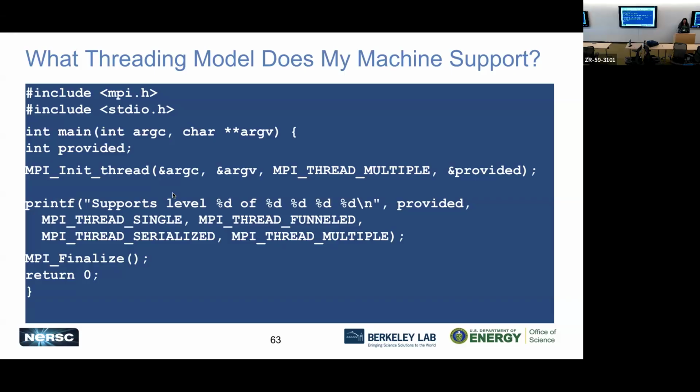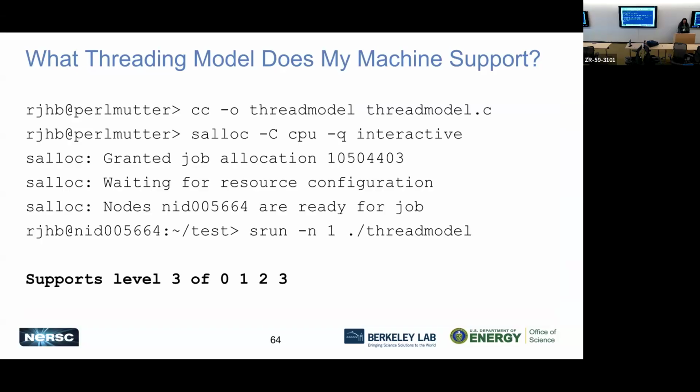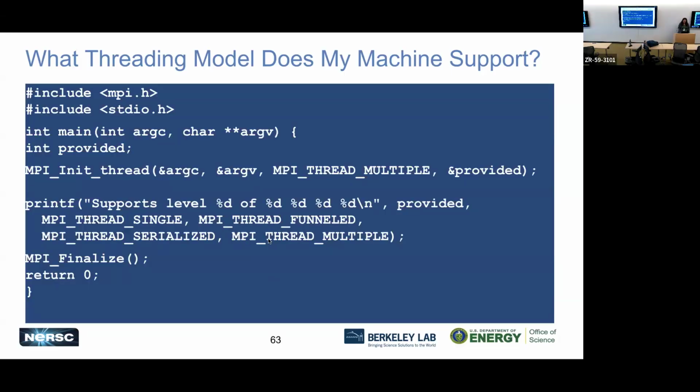I'll explain this in a minute. I did this on Perlmutter, from my code in an interactive job. I ran it, and it supports level 3 of 0, 1, 2, 3. So that means that Perlmutter supports MPI_THREAD_MULTIPLE.